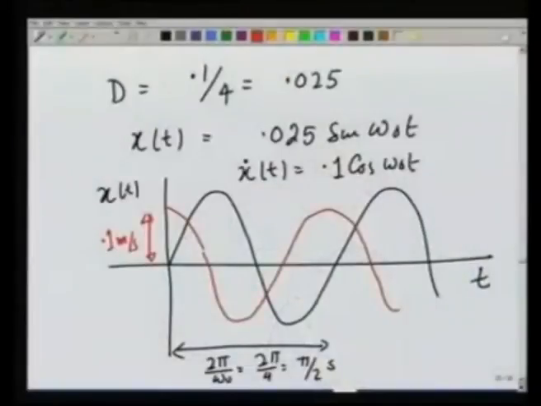Again, you can see initially the slope is positive and therefore velocity is positive. The slope is decreasing slowly, so velocity keeps going down, crosses 0 at the maximum displacement, and then goes negative.